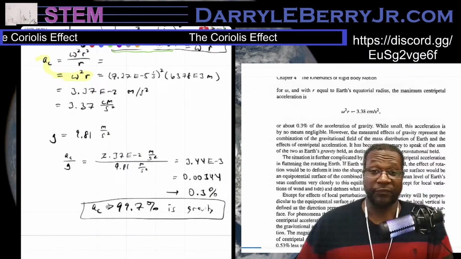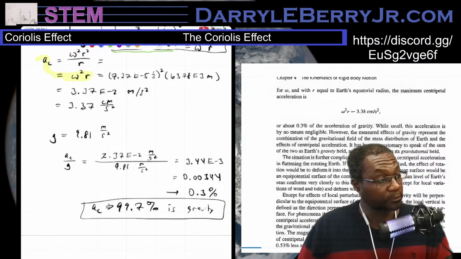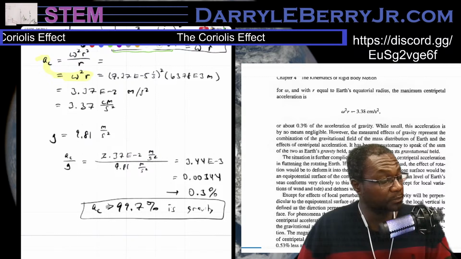Which is why we don't go flying off into space just from the spin of the Earth. So small.